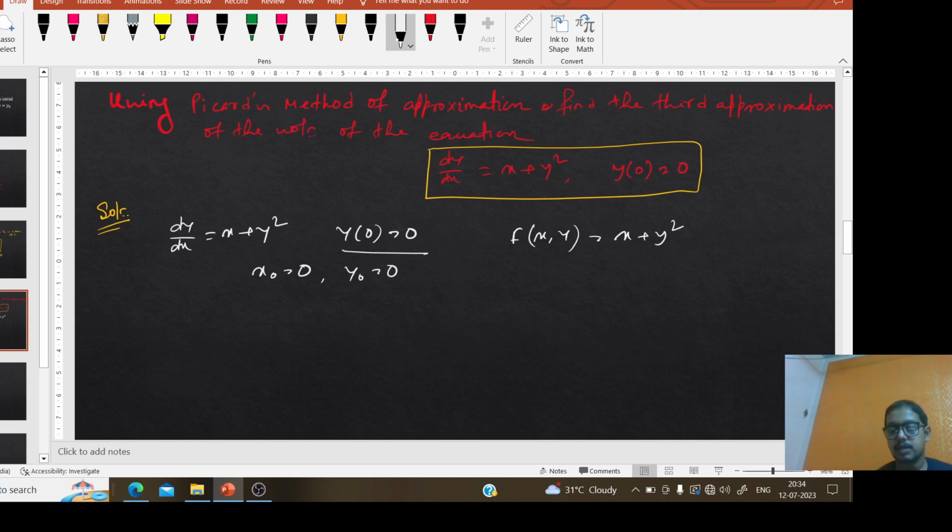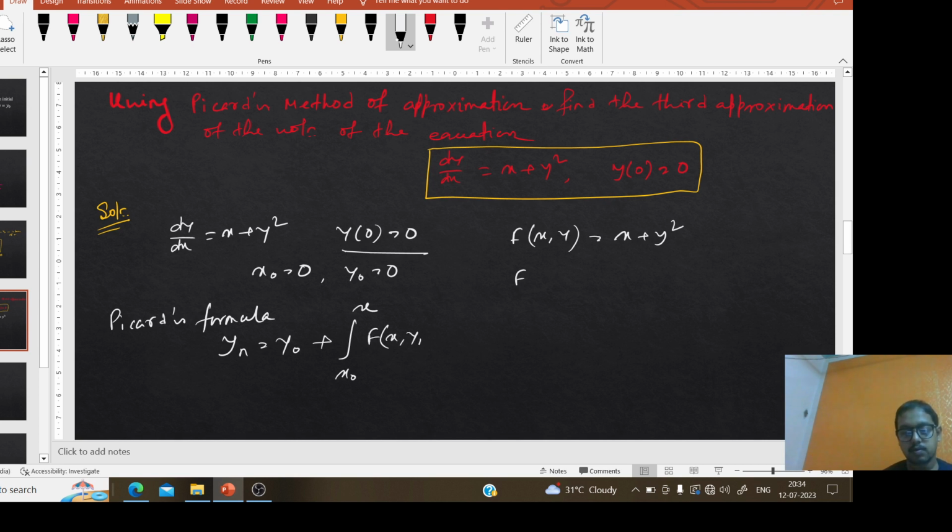Since Picard's method is an iterative method, here I write Picard's formula. The Picard's formula is yn is equal to y0 plus the integral from x0 to x of f of x, y n minus 1 of x dx. Here f of x, y n minus 1 is equal to x plus y n minus 1 square.